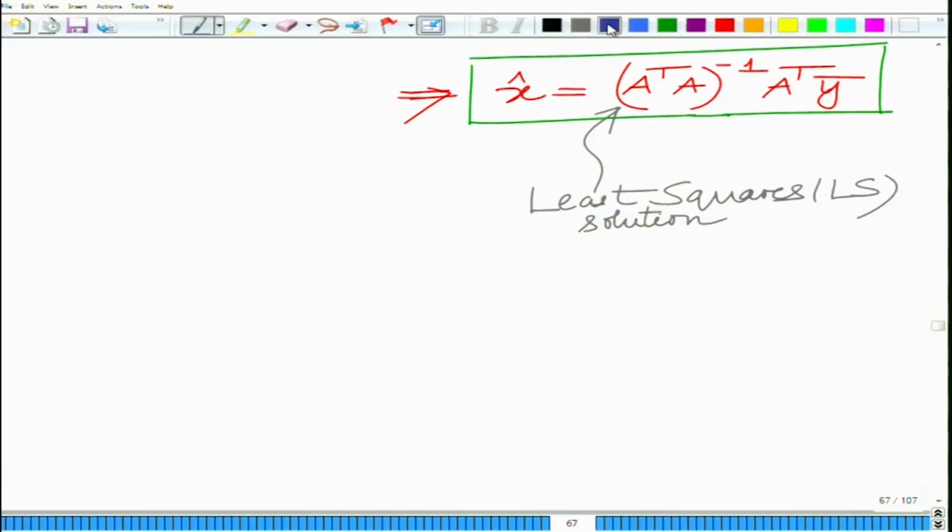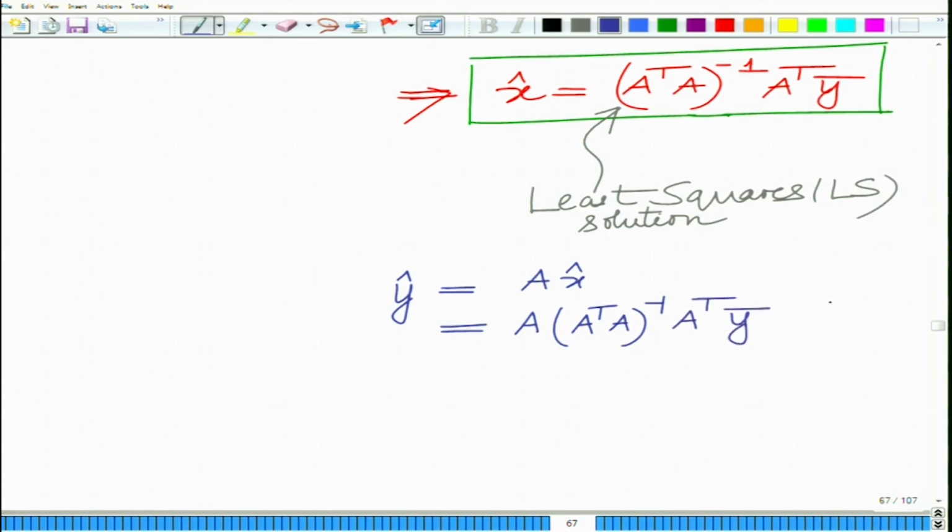Okay. Now, in addition, what is y hat? Now, we can see y hat, that is the approximation to y bar, is nothing but A times x hat, which is equal to A times A transpose A inverse A transpose into y. Now what is y hat?